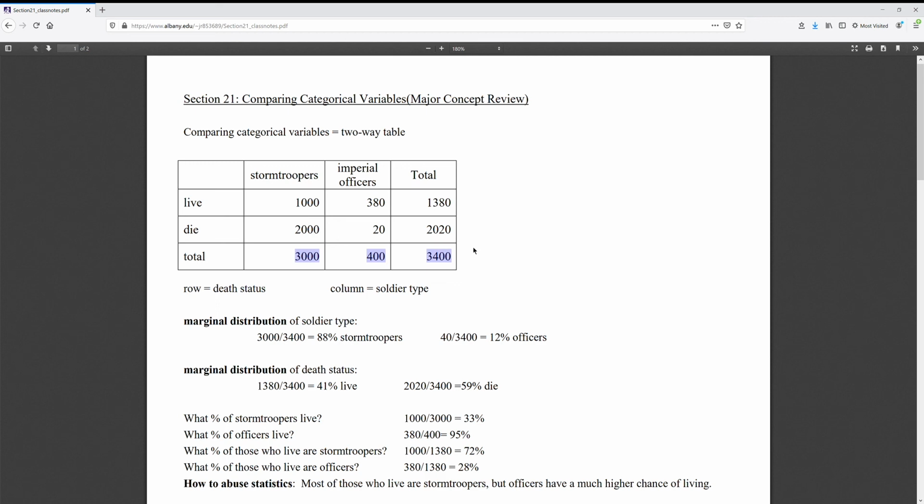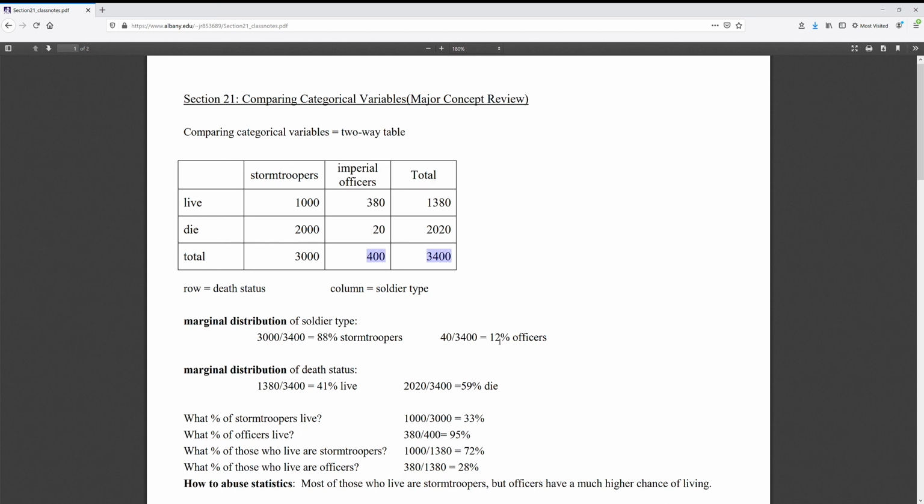So 3,000 out of the 3,400 were stormtroopers, 400 out of the 3,400 were imperial officers. And if you divide them out, then you have some percentages. And you have, in percent form, the marginal distribution of soldier type. 3,000 divided by 3,400 is 0.88, so multiply by 100 and you get 88%. 88% of those that we looked at were stormtroopers. 400 divided by 3,400 is 12%.